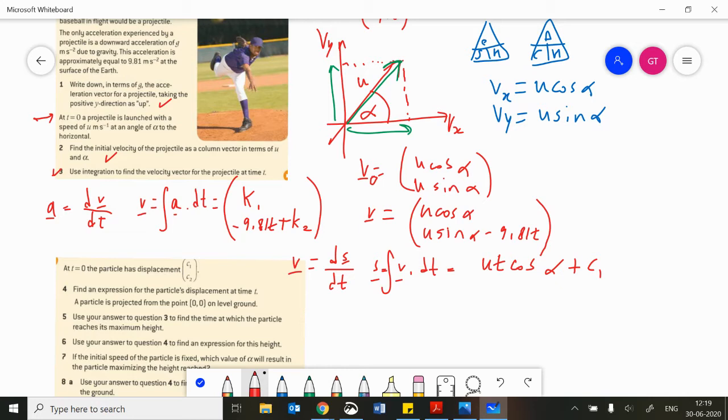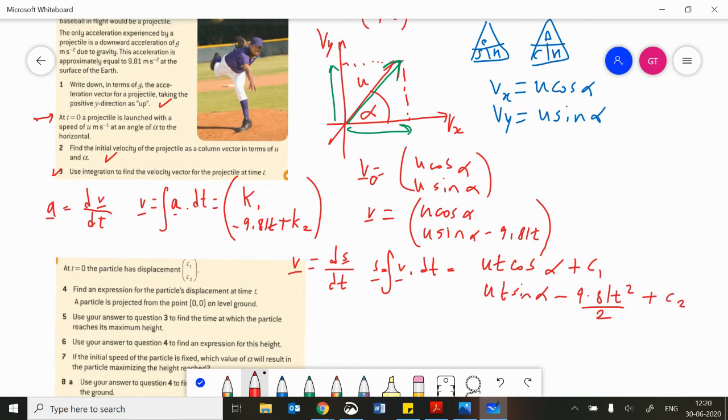For the next one, similarly, we get u t sine alpha minus 9.81 t squared divided by 2. All I've done is increase the power by 1 and divide by my new power, and then plus c2.